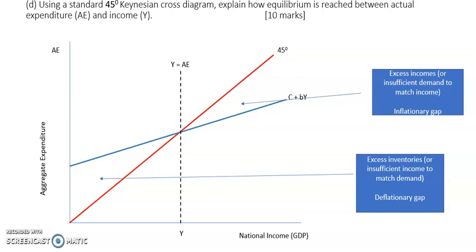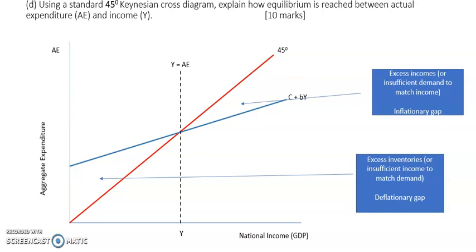So this excess inventories in terms of factors will now be exploited by the firms, because they can pay low wages to get people to come and work. And that way you encourage people to come and work to increase production to meet their demands. All right, so this is now the deflationary gap, right? Where the cost of things is so low that you can afford to expand your production.